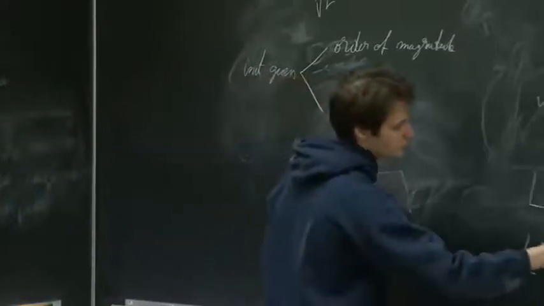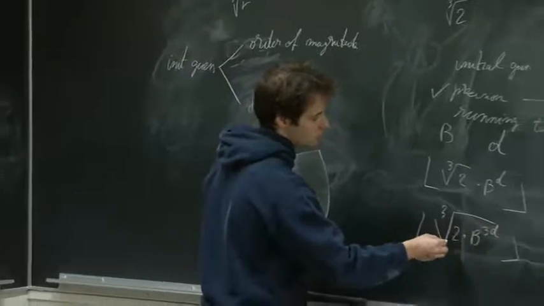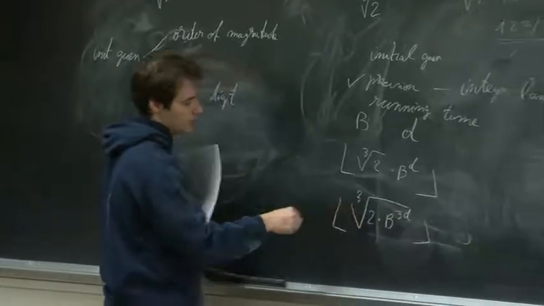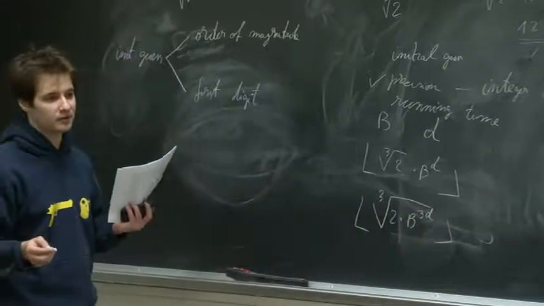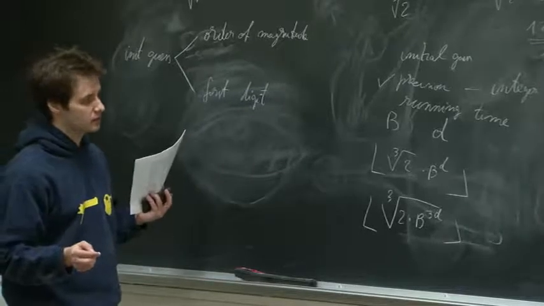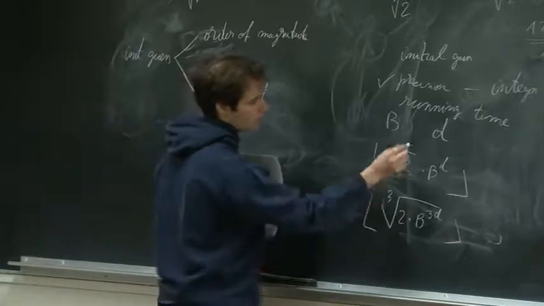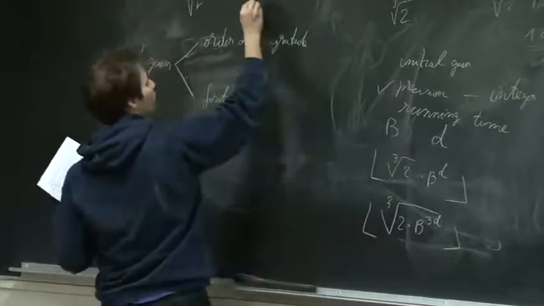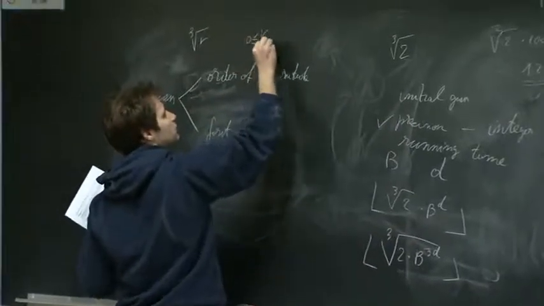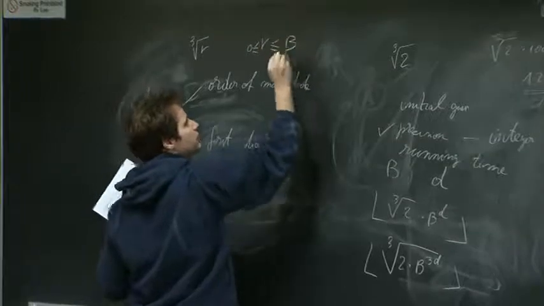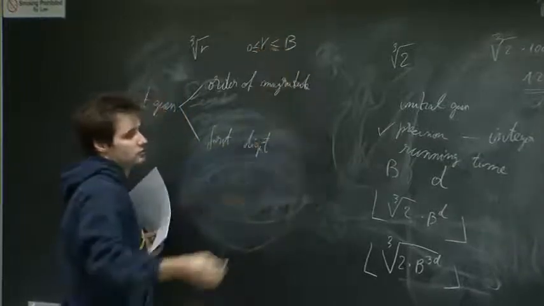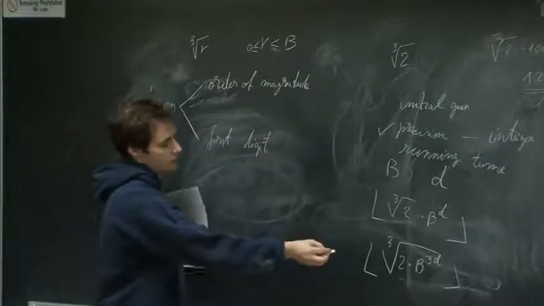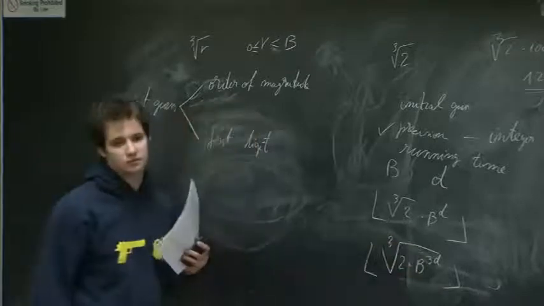Suppose we're computing the cube root of some number in base b. Suppose r is somewhere between 0 and b. It's one digit in base b. How many digits is this result going to have?